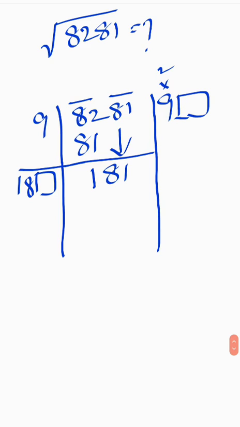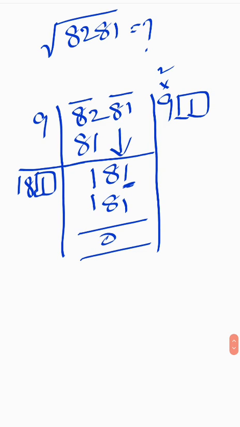The last digit is 1. Where is the possibility of getting 1 in the last digit? Either 1 ones, or otherwise 9 nines. For example, if I write 1 here, 1 into 181 gives 181. If you are not getting it with 1, you go for 9 nines, but that is not possible here.